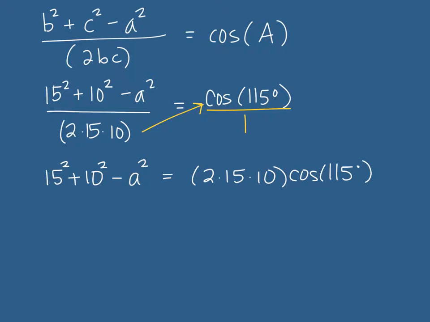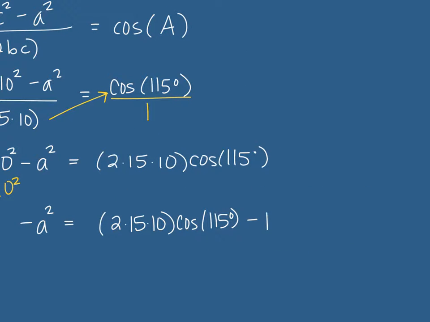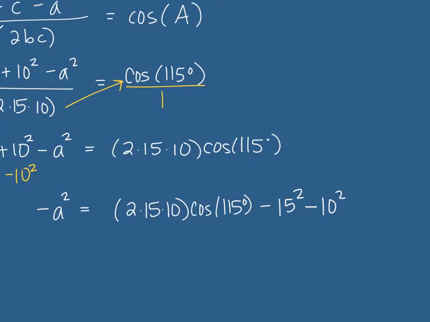Okay, I'm gonna go with Connor. I'm gonna subtract 15 squared, and I'm gonna subtract 10 squared, and I'm gonna do it on both sides. That'll leave me with negative a squared equals parentheses 2, 15, 10, cos 115, subtract 15 squared, subtract 10 squared.